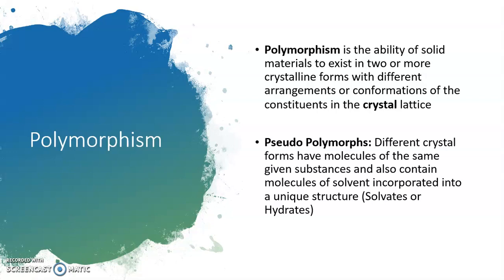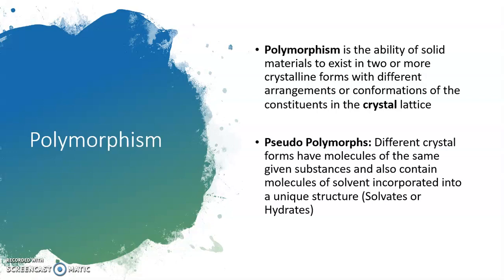That means, suppose you are crystallizing a particular solute from an aqueous environment, like if you are using water as crystallizing solvent, then it is referred to as a hydrate, because some molecules of water are entrapped into the lattice structure of the solute or the matter. And if the crystallizing solvent is any other organic solvent, then it is referred to as a solvate.